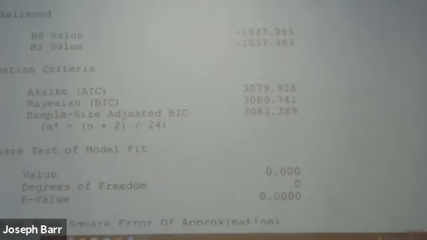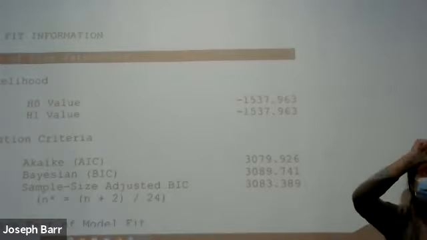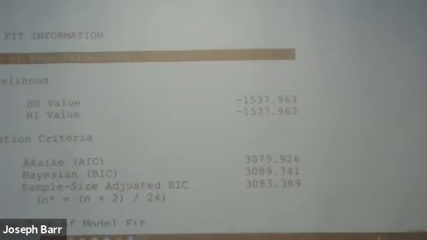And model fit. Here, the number of free parameters, why is there a 2? We said that there's only one parameter needed to be estimated. But remember that Mplus considers the mean and the covariance together.